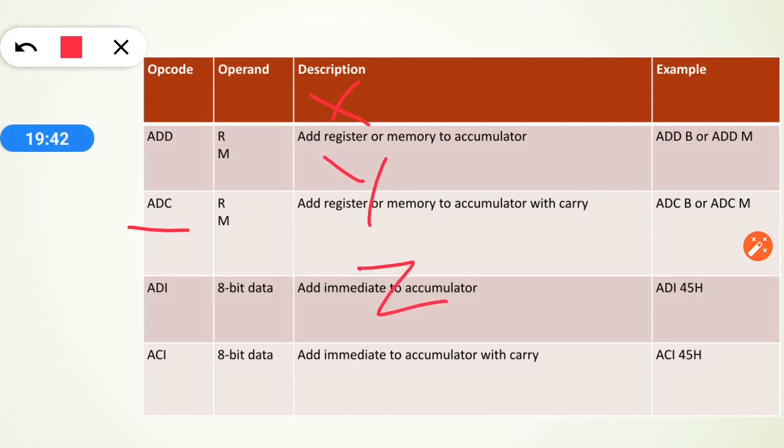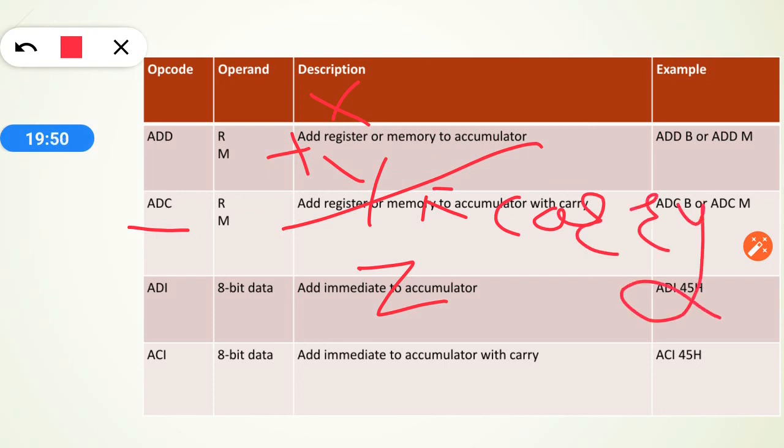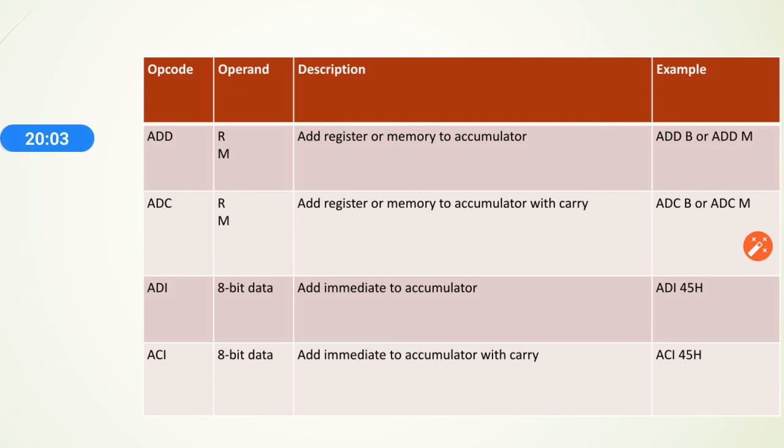Suppose I am adding X plus Y, so at that time, if carry is generated, carry may generate, right? So whatever the result here, suppose this is R, but if carry is generated, I write here carry as 1, so 1 R. So R is your result, but 1 is your carry, right? So don't confuse.